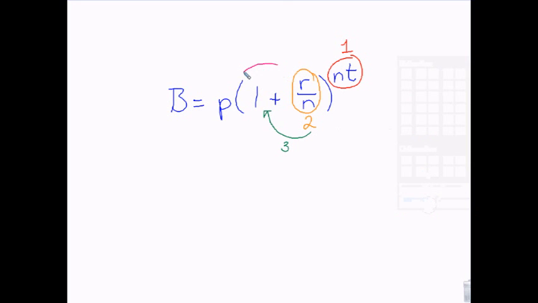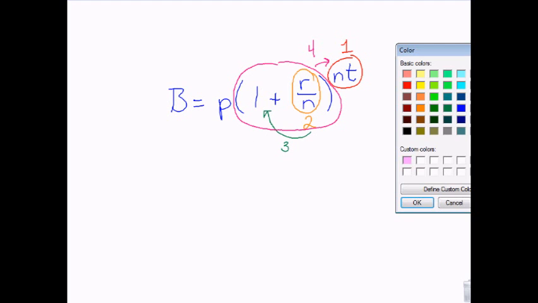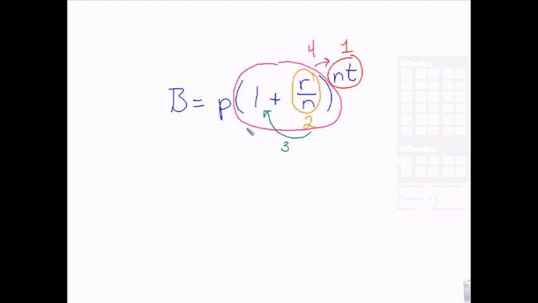After you do that, you take this answer and you raise it to the exponent. You do that fourth. And then the very last thing you're going to do is take whatever you get from that and multiply it by P.